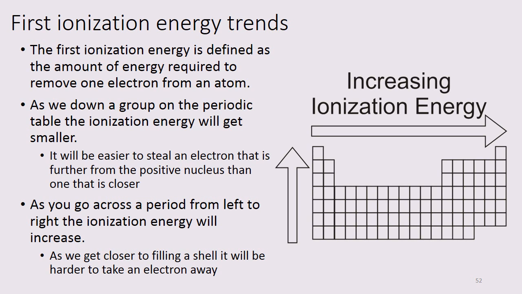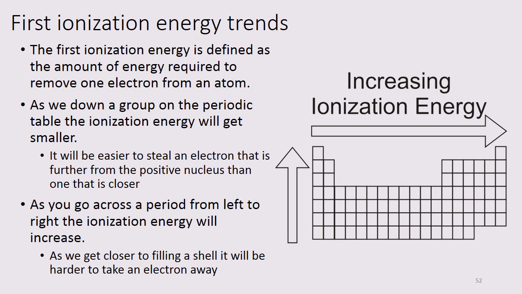All right, there's one more trend that we want to look at, and that is ionization energy. So first of all, what is an ionization? Well, it's defined as the amount of energy you need to remove an electron from an atom. So in other words, how hard is it to remove an electron? High energy to remove an electron would be really hard.